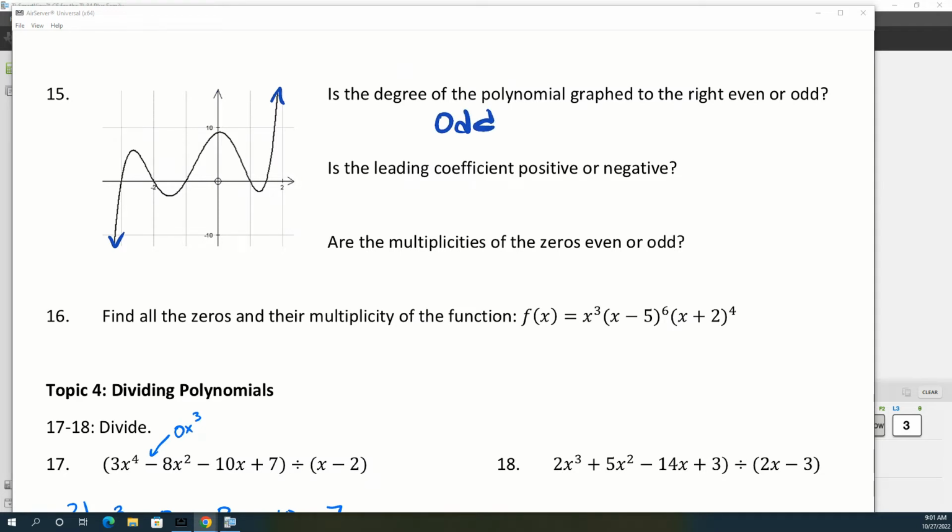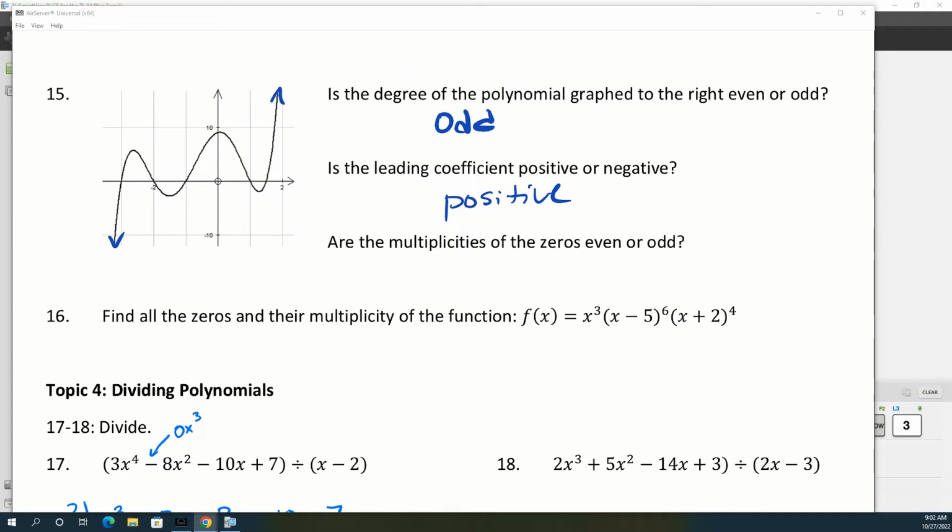All right, then if you're trying to figure out the leading coefficient, you only look at what's happening on the right side. If the right side is pointing up, then we have a positive leading coefficient. If the right side is pointing down, then you have a negative. Whenever it's asking about multiplicities, that's going to be at the zeros, the x-intercepts.